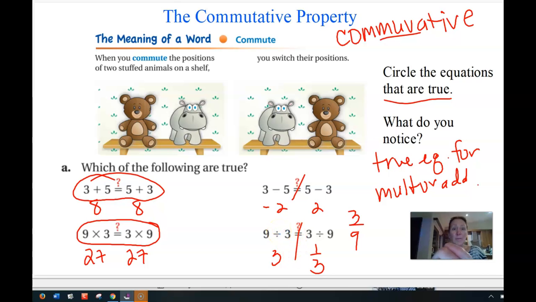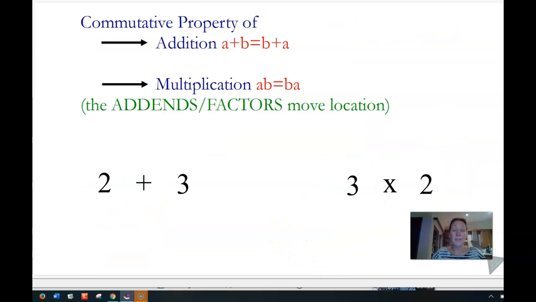That's important to know. Okay, so we have this thing that I'm calling the commutative property. And it basically says that if you add numbers, you can switch the order, right? So if I do this, and now it's 3 plus 2, I'm going to get the same answer.